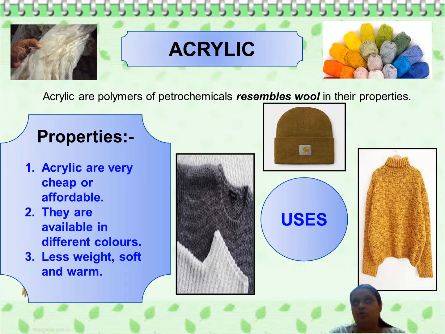The synthetic fibers, not to worry, can be obtained in different colors. They are light in weight, soft, and warm. That's why they are able to replace wool. You can see the different materials we can use, sweaters and caps, made because we can use them in the winter season.